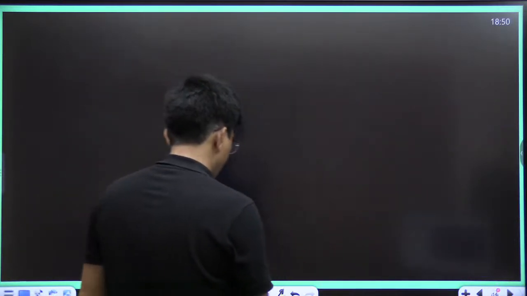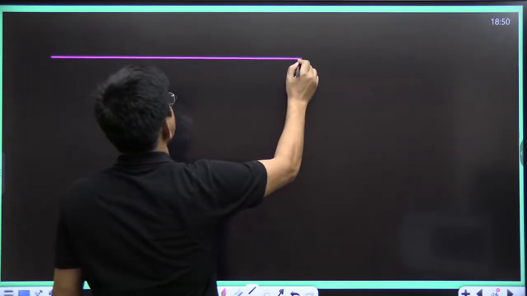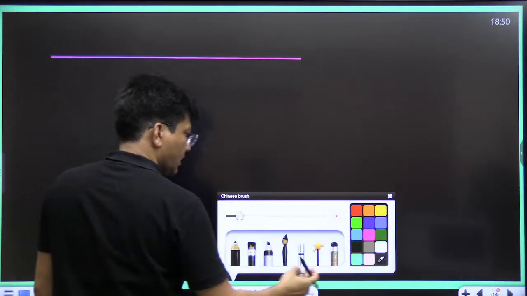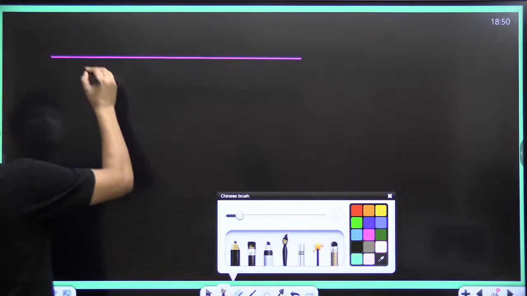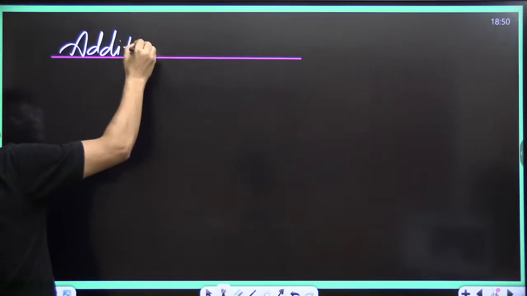Now let me explain it with an example. That is the first reaction, addition of X2.